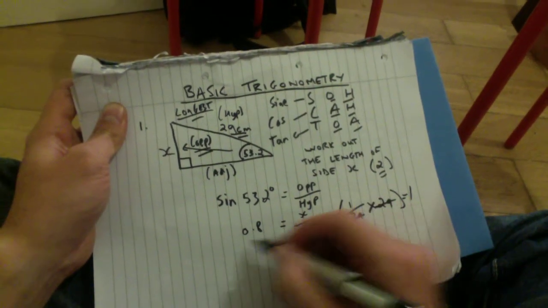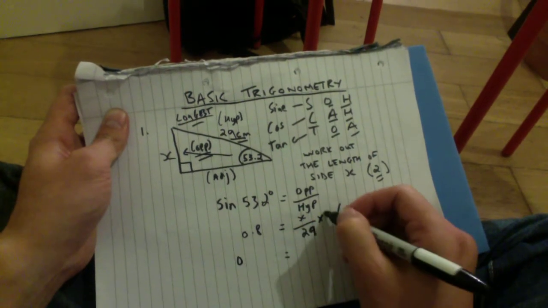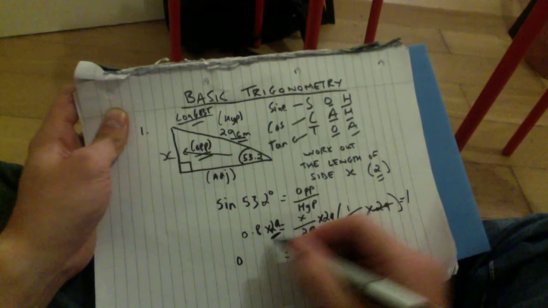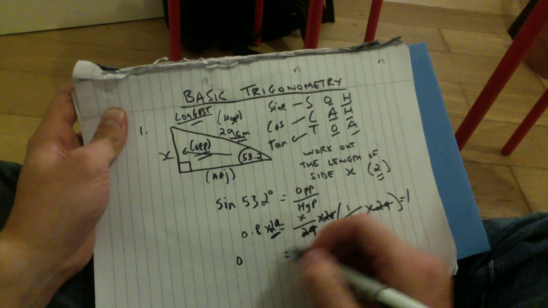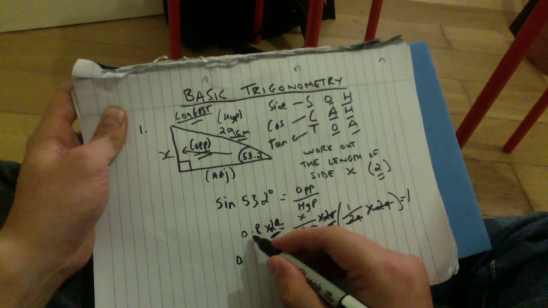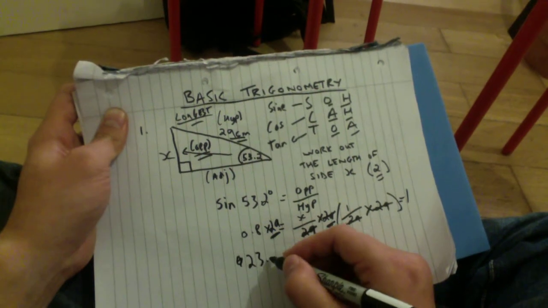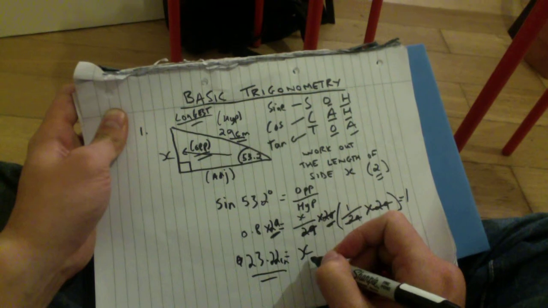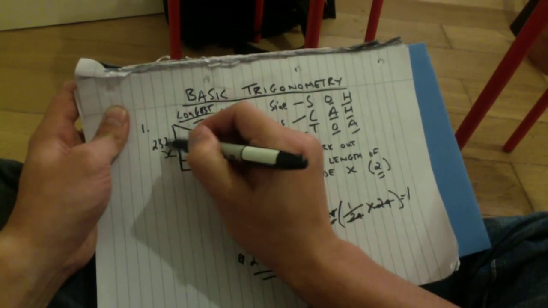And whatever you do on that side, you've got to do on this side as well. So it's 0.8 times 29, and x times 29 over 29, both sides. And that will get rid of that, leaving you with x, which is 23.22 centimeters. Okay.